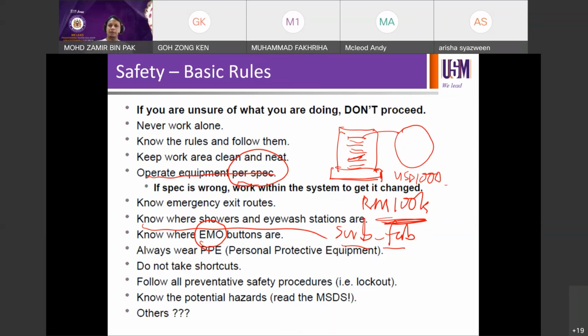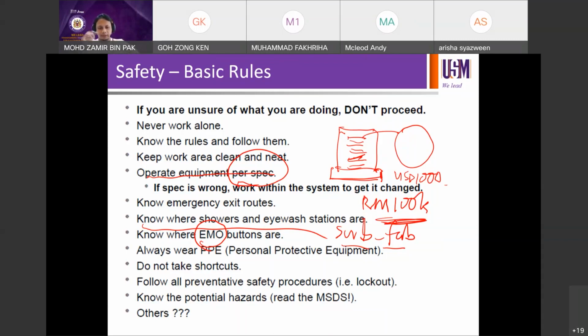Okay, then someone is doing maintenance on the robot side back there, tak aware of the robot is running, then robot tu bergerak and crash the shoulder, patah tulang. Crash shoulder, high speed robot. Theta, X, Y, Z, untuk reach wafer, dia gerak, crash your shoulder and patah lah dia punya tulang. So yeah, communication.